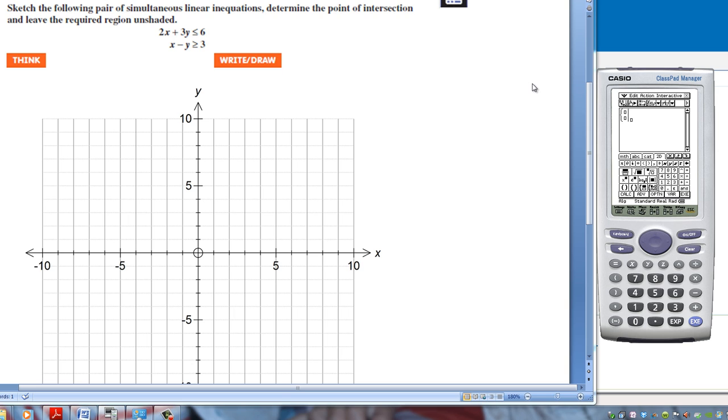So let's type in my two equations, 2x plus 3y, and I'm not actually going to use the less than or equal to symbol because the calculator won't give us an intersection point at that. I'm going to just say it's equal to 6. The next thing I'm going to do is x take y equals 3, and x comma y. So that tells us that the first point that we're interested in is 3 comma 0.